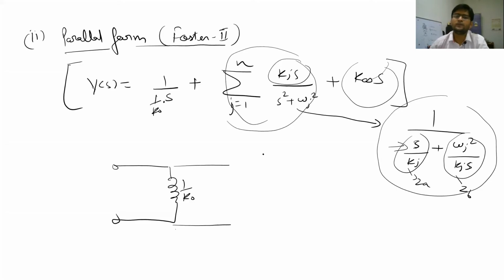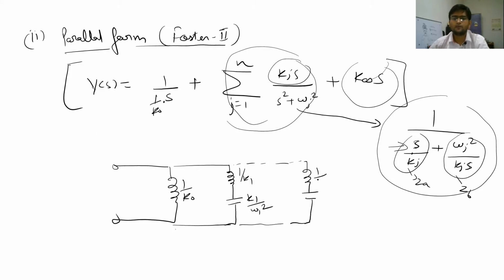So you are going to find a combination of an inductor and a capacitor in series. What is the value of the first one? This inductor is 1 upon k1, taking j as 1, right? And this is the capacitor, its value will be k1 divided by omega 1 square. Similarly, you will have n number of components, and let me write the last one.